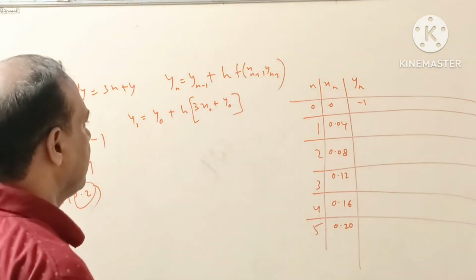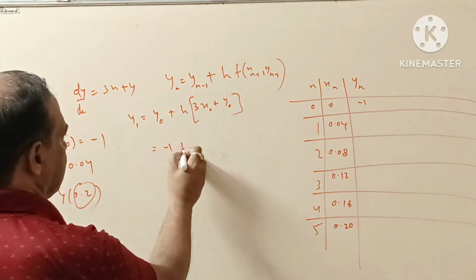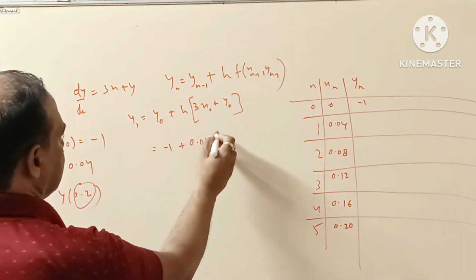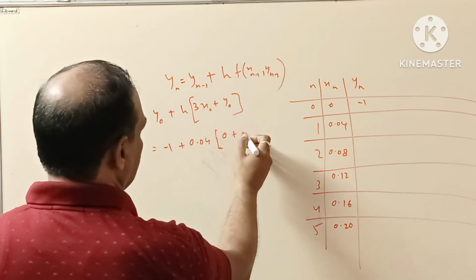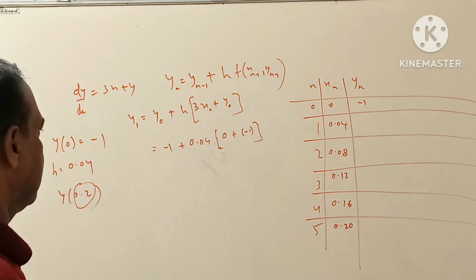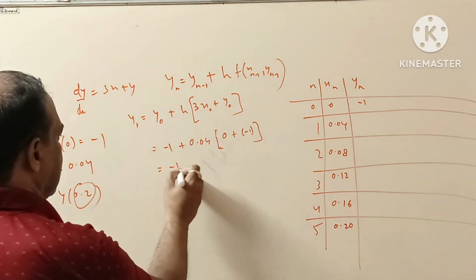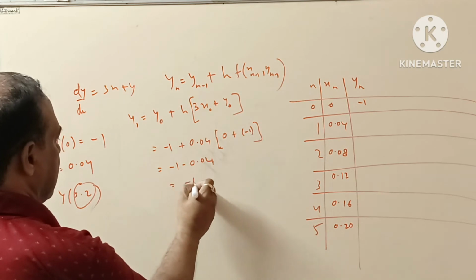In this case, y naught is minus 1 plus h, which is 0.04, times 3 x naught, which is 0, so it becomes 0, plus y naught, which is minus 1. Okay. Now what it means is you have minus 1 and minus 0.04. Fine. You will have minus 1.04.